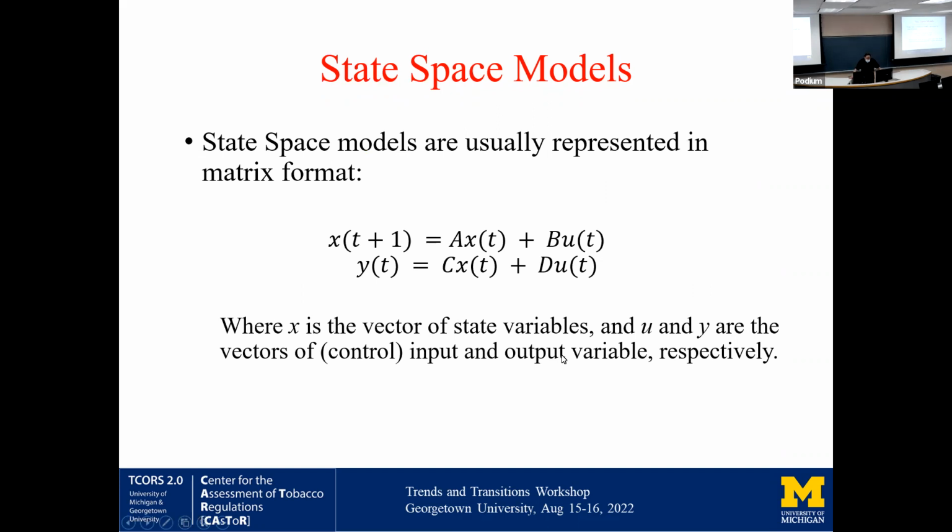Usually we represent the state space model in matrix notation, because the state variables in a model are multiple. What we are saying here is that the vector of the state variables at time t+1 is the vector of the state variables at time t multiplied by a matrix of constants or parameters, right?